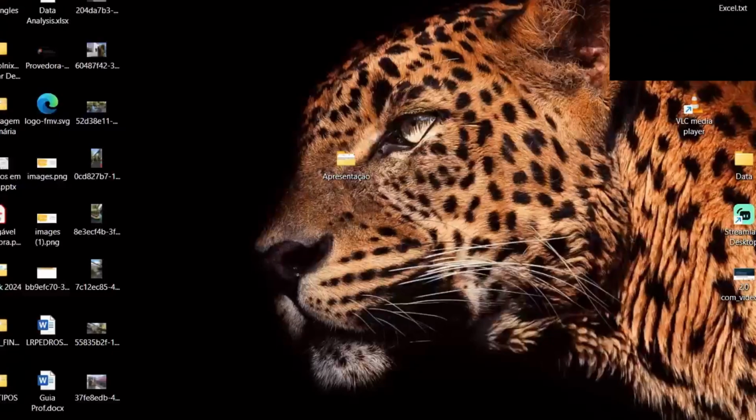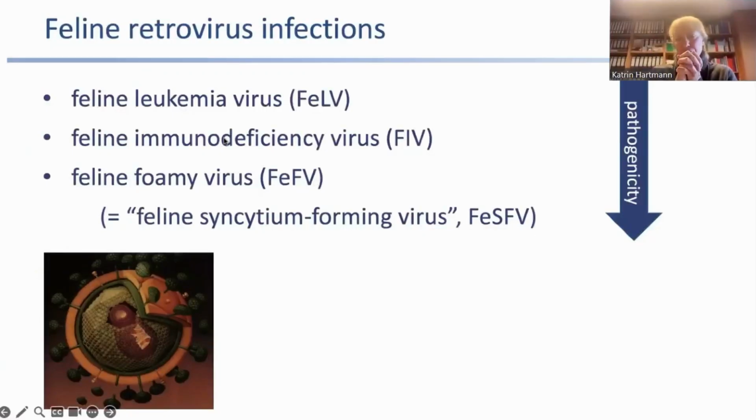A little bit more pathogenic is feline immunodeficiency virus, but we know now that it really does not make cats very sick. It's much less pathogenic than HIV. It's less pathogenic than FeLV. Many cats can live wonderfully with FIV infection. And then the most pathogenic one is feline leukemia virus.